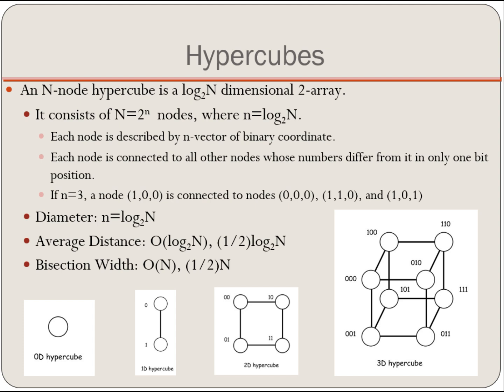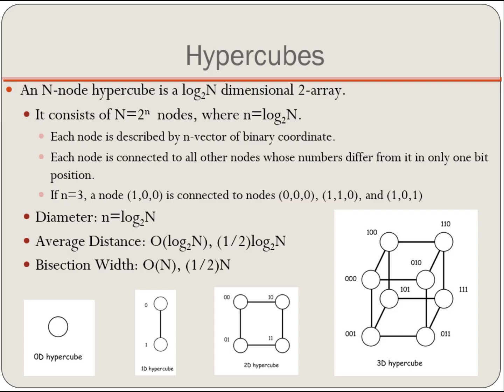So every node in this n-node hypercube can be represented by a vector of log n values, each 0 or 1. In a log n dimension hypercube, any two nodes are connected if their coordinates differ in only one place, only one bit.